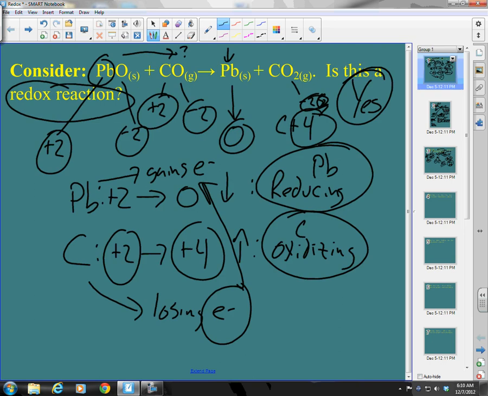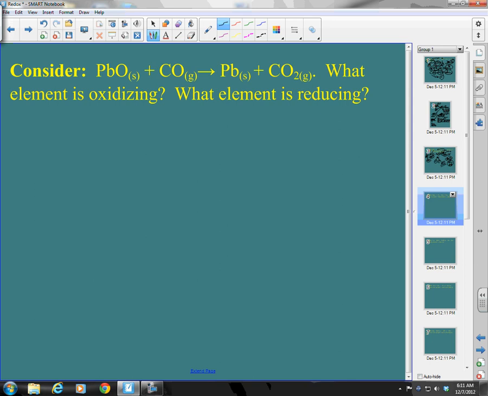So we went through all of this and we said, what element is reducing? We said lead, its oxidation state went down. That means it is reducing. Why?